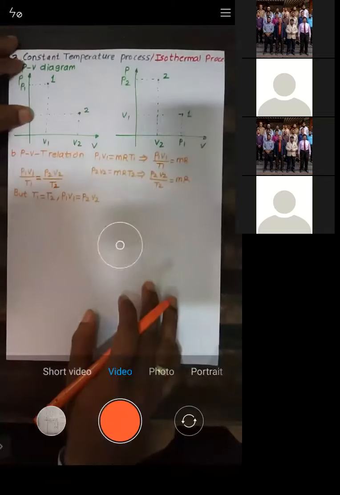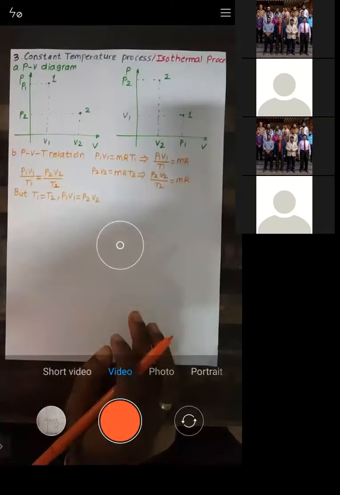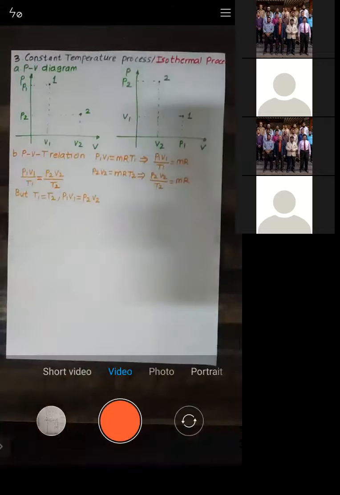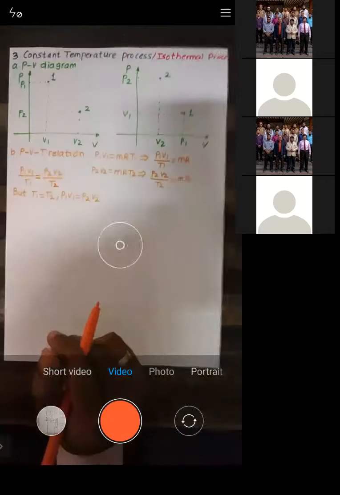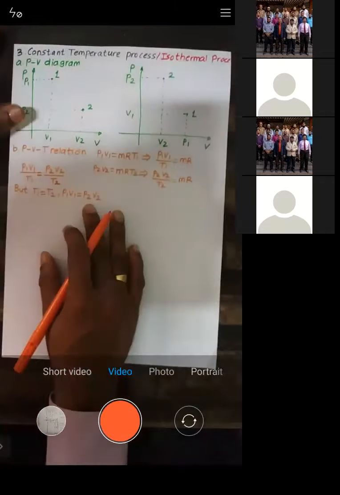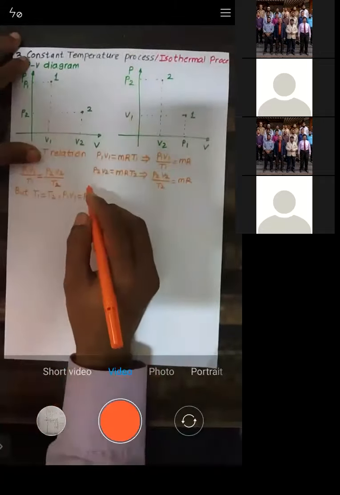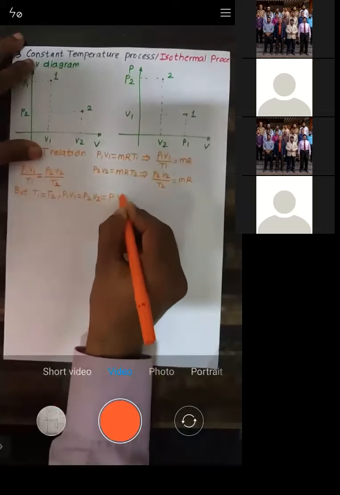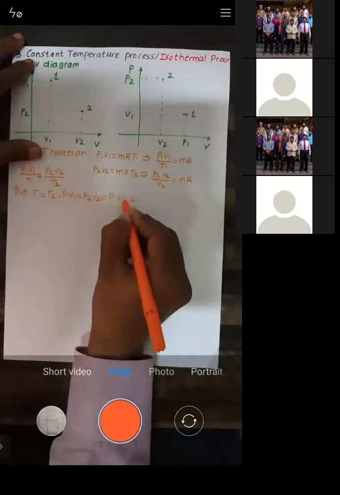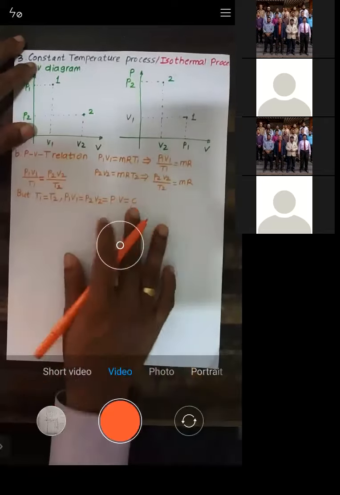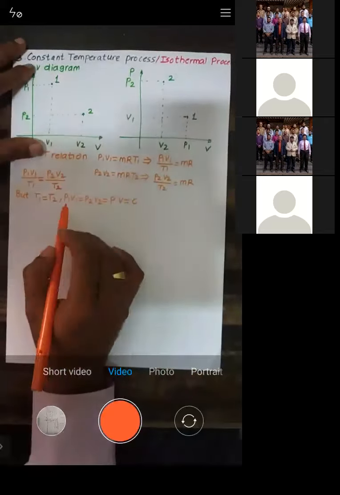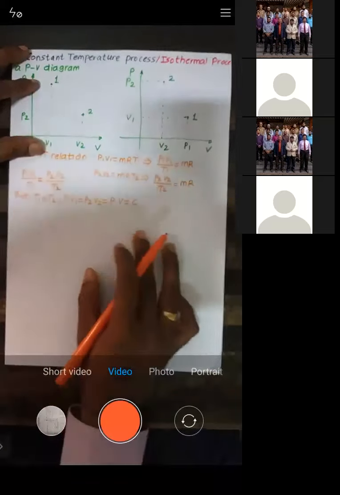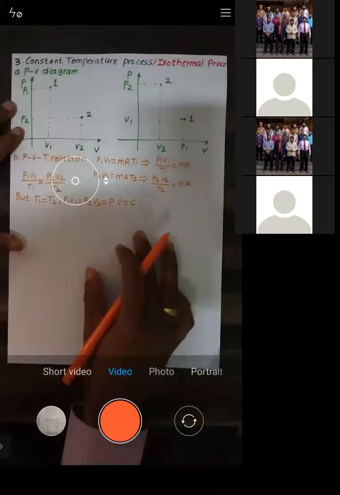Try to understand what you will get: P1 V1 is equal to P2 V2. This is the law which governs the process. That means, simply, the product of pressure and volume is constant.